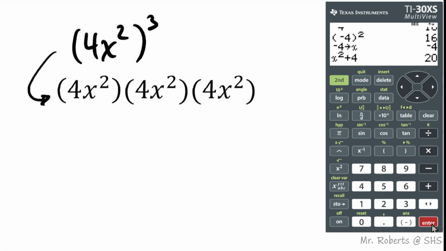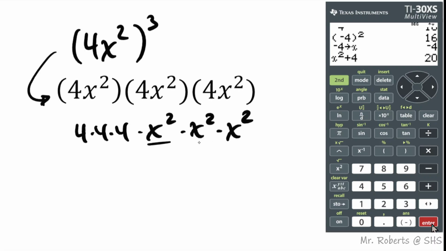Using the commutative property of multiplication, I could totally write this as a 4 times a 4 times a 4 times an x squared times an x squared times an x squared. When I multiply x squared times x squared times x squared, that's 1, 2, 3, 4, 5, 6 factors of x. So that's x to the 6th.